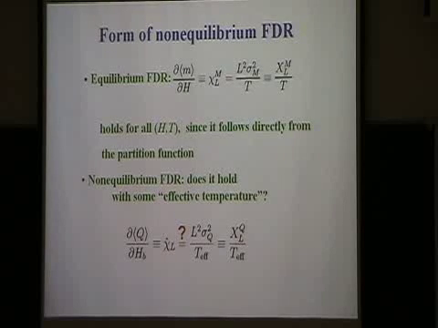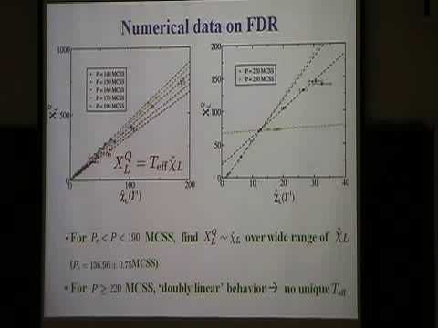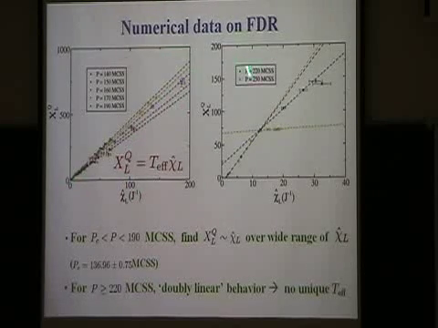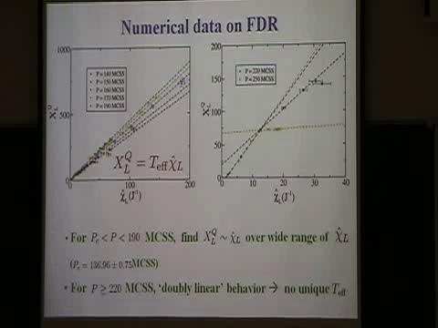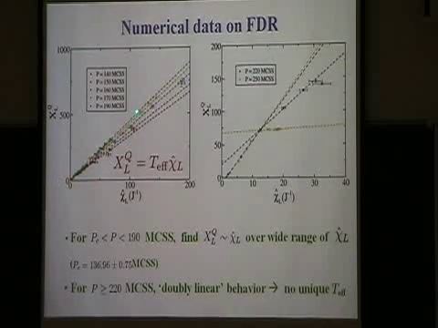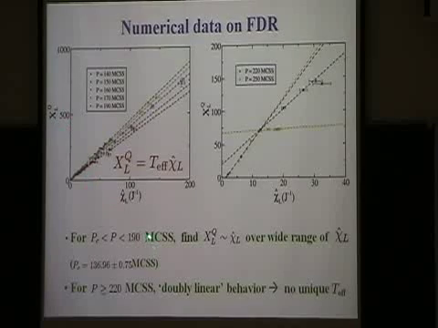And we can ask, now, do we have an effective temperature? And sort of yes, but if we get too strong fields or periods that are too long, then we don't have linear relations. So as long as these relations are linear, then essentially we have an effective fluctuation dissipation theorem.